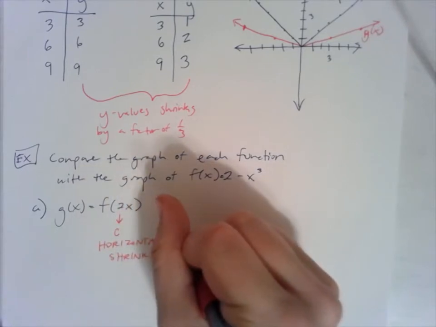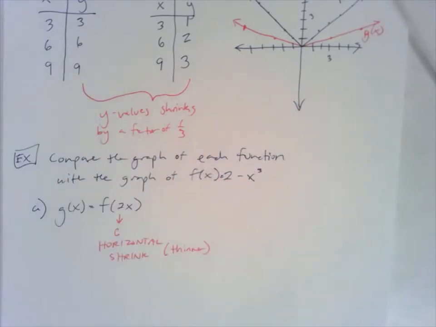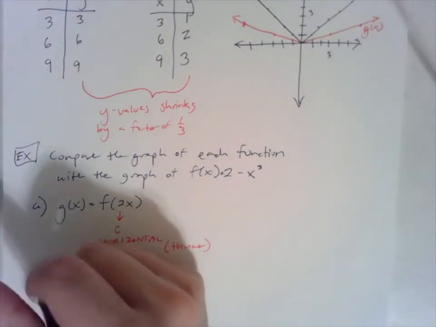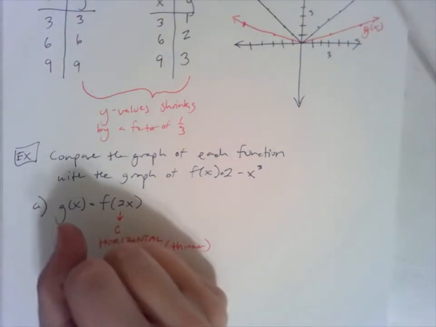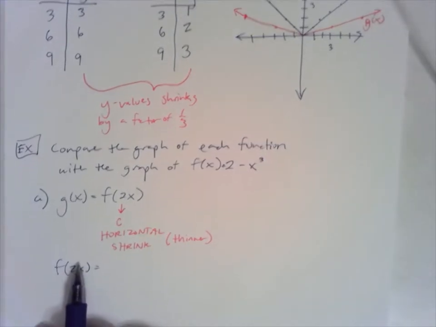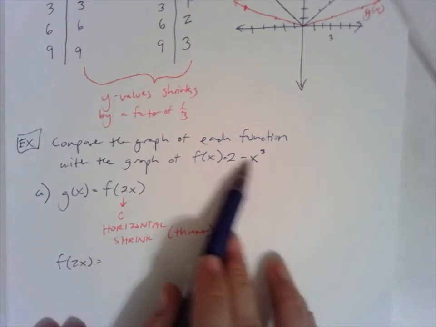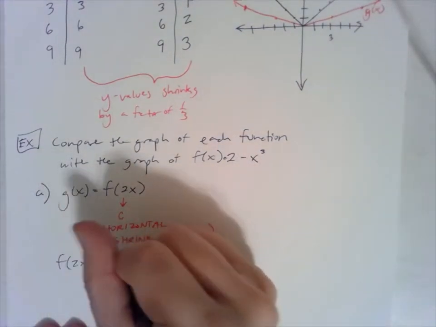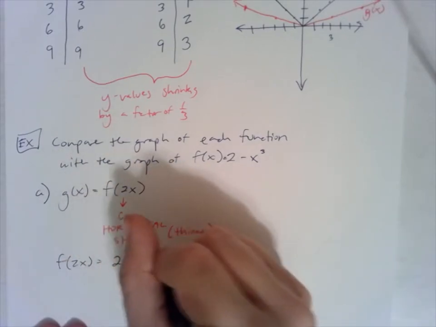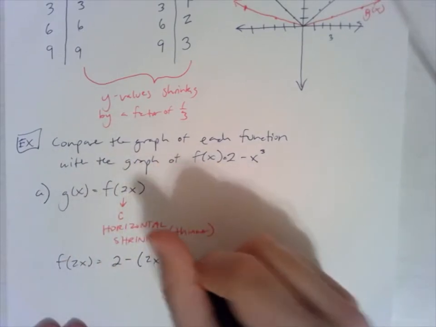And what we need to do here in order to find the equation of g of x is find what f of 2x equals. So we can substitute in 2x for every x value in our original function. That means we'd have 2 minus 2x cubed, which would be the same as saying 2 minus 8x cubed.